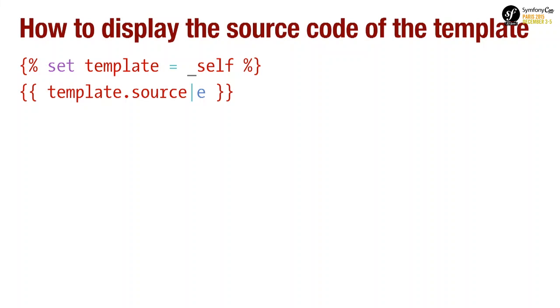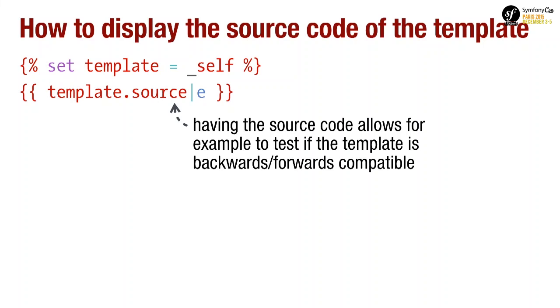And why should I need this? For instance, Nicolas, who was the guy who added this method, mentioned on GitHub, well, maybe we can use it to test if the template is compatible backwards or forwards with some Twig features and things like that. It's a very advanced case.